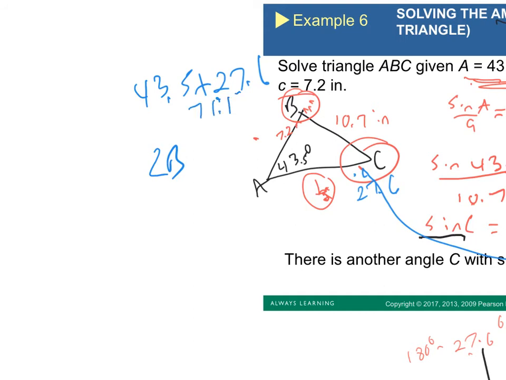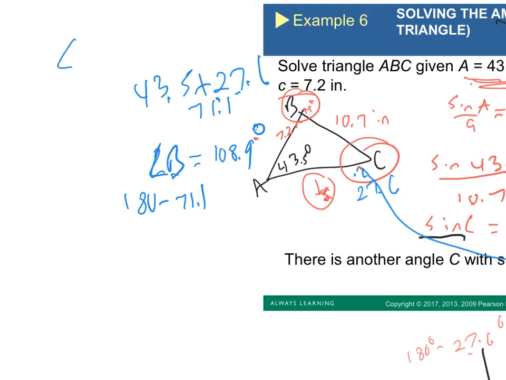So angle B would be 180 minus 71.1, so angle B would be 108.9 degrees.